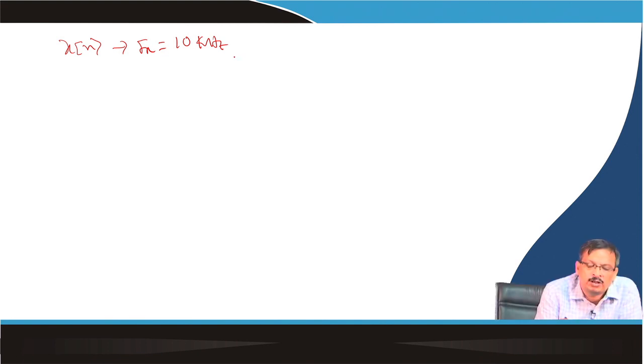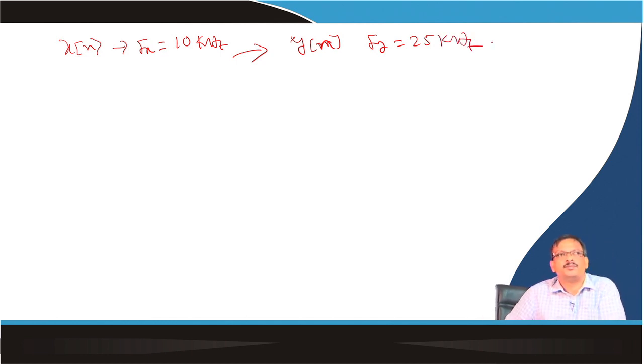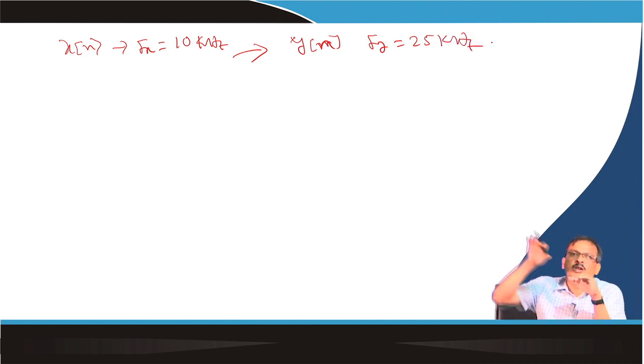Write down the functional block diagram of a fractional sampling rate converter to convert to y of n with a sampling frequency Fy equal to 25 kilohertz. So, 10 kilohertz input, 25 kilohertz I want.